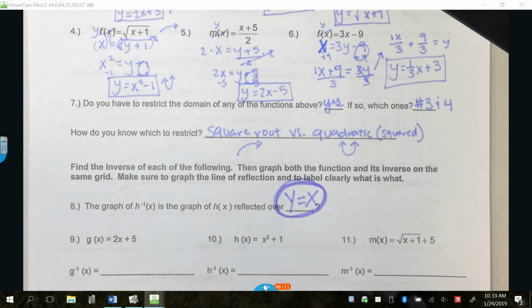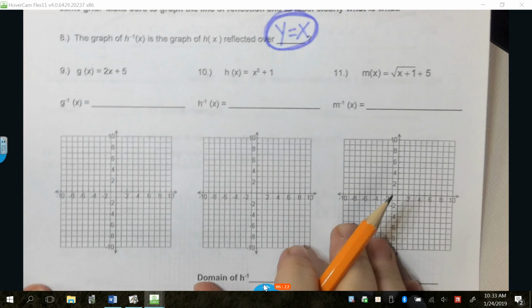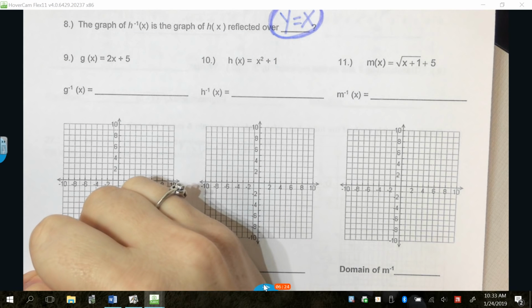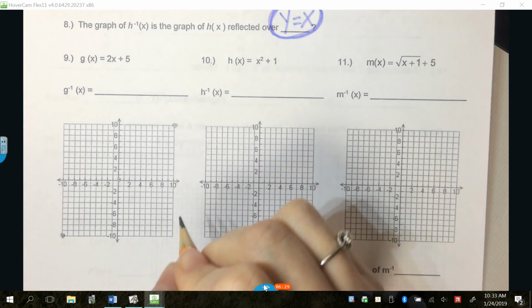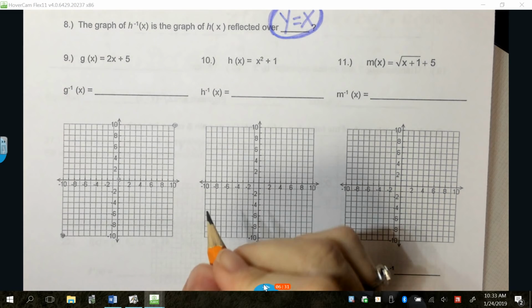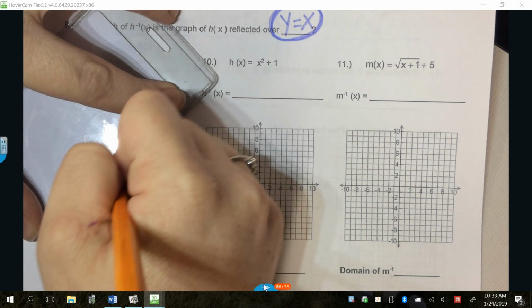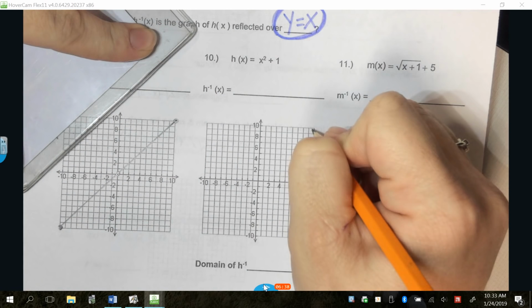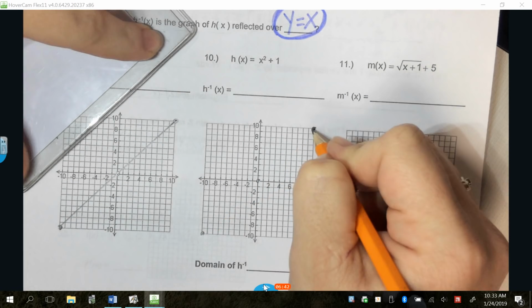Okay? So let's go ahead on all of our papers. I'm going to use a different color, and let's graph the y equals x. I'm just going to use a pencil. Okay, remember how to plot it? I told y'all, put a point at negative 10, negative 10, 0, 0, and 10, 10, and use your ID badge. Look, I have a student's ID in here. There we go. 10, 10, 0, 0, negative 10, negative 10.